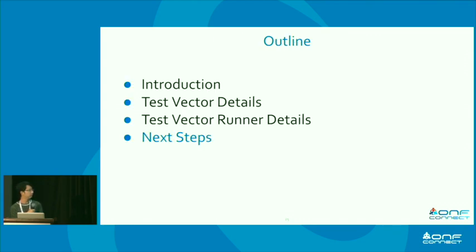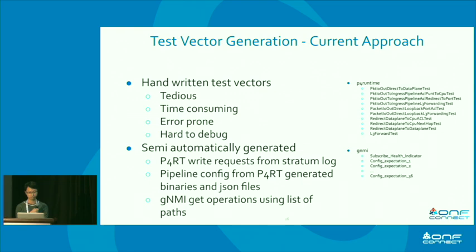Okay, I think the last item we have is to talk about the next steps of both test vectors and the test vector runner. For test vectors, I think the most important next step is automatic test vector generation. The current test vectors we have are either handwritten or semi-automatically generated.